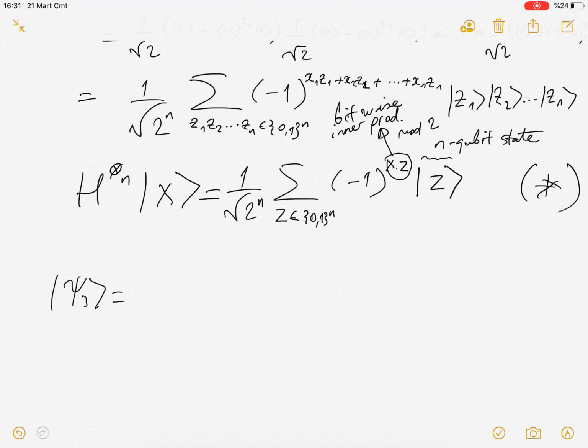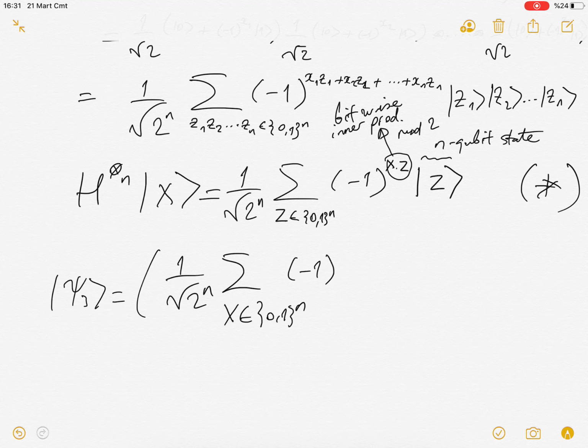So psi 3 then will be 1 over square root 2 to the power n, sum over boldface x of minus 1 to the power f of boldface x.